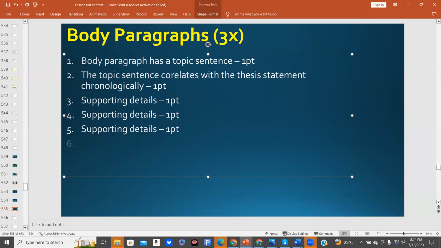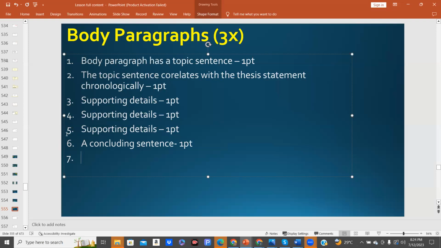So that's supporting details. And then the next thing I have is a concluding sentence. Remember, we have to end it properly, and summarize what we said in that particular paragraph.